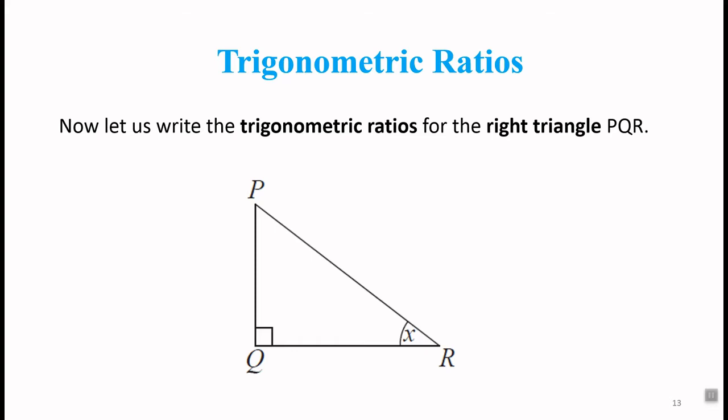Trigonometric ratios. Now let us write the trigonometric ratios. PQR is a right angle triangle, angle Q equal to 90 degrees.